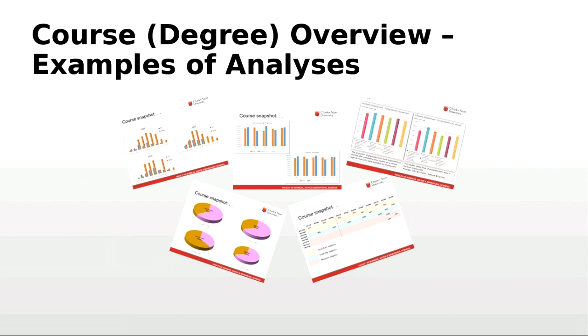So they get an overview of what's going on. In this first analysis, we want to know, for example, the progression rate, attrition rates, also our competitive position, and we also want to know the demographics within our course. So, for example, the age groups that are studying our courses, and also gender.